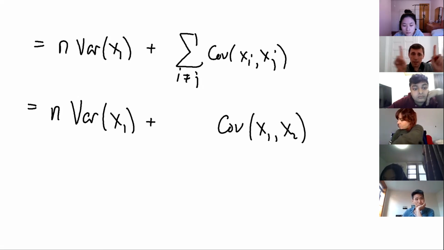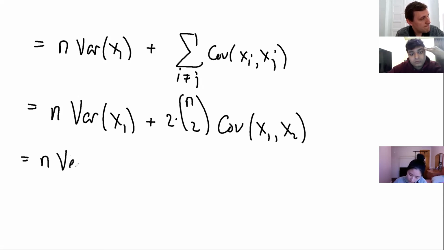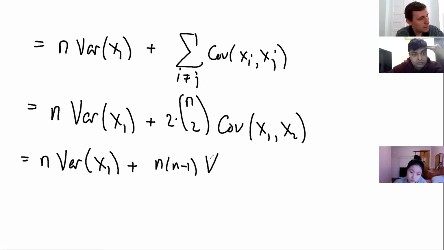You see? So that's true for all of them. So it's n choose 2 times 2. Yes? So what we have is simply n variance x1 plus n minus 1 covariance.